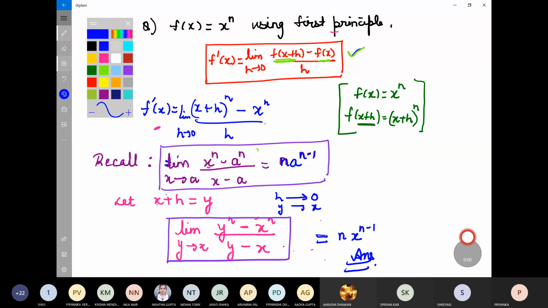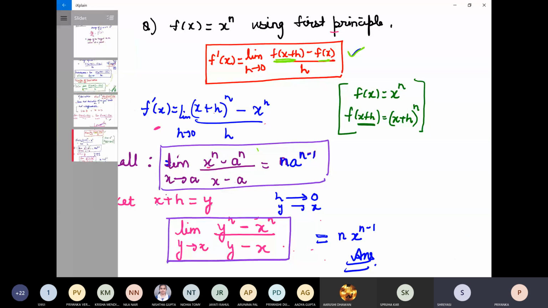Yes ma'am, by mistake I wrote it wrongly, it was n a to the power n minus 1, and then you will write it. Is it clear to everyone?